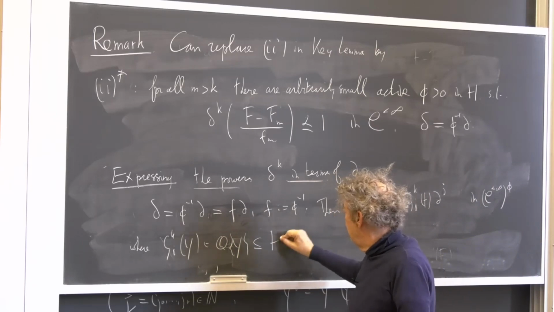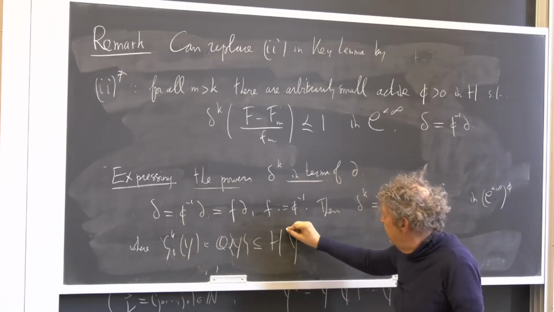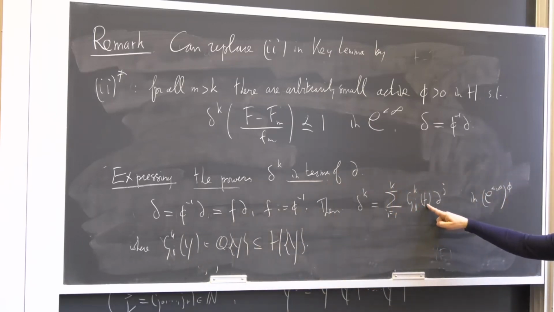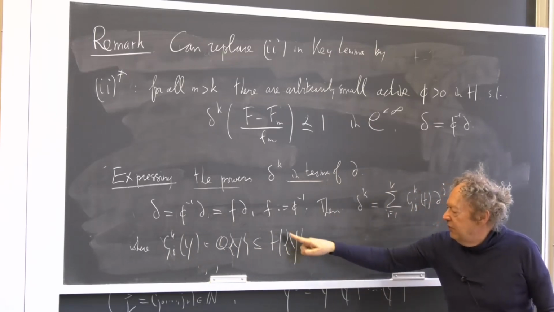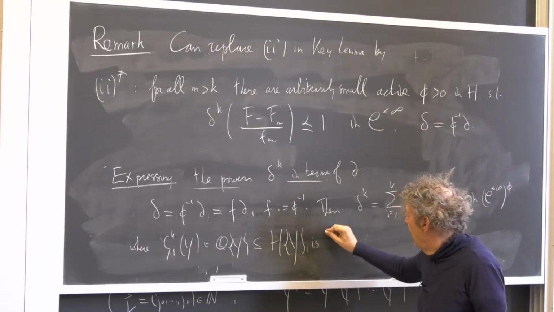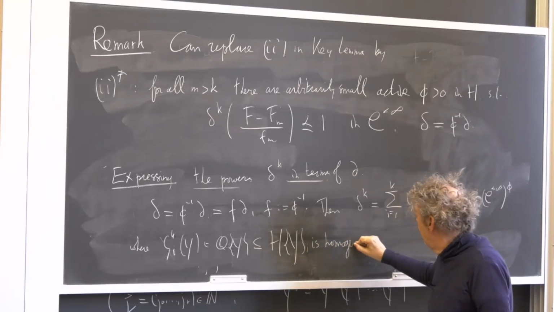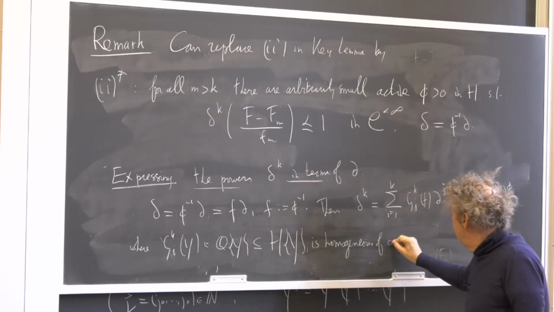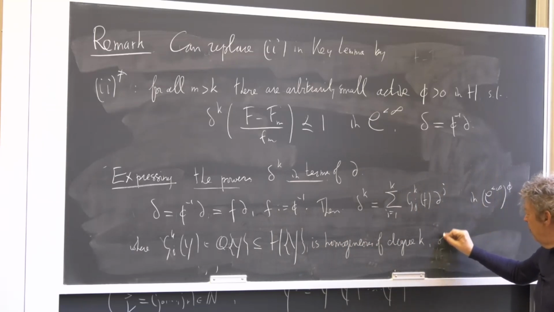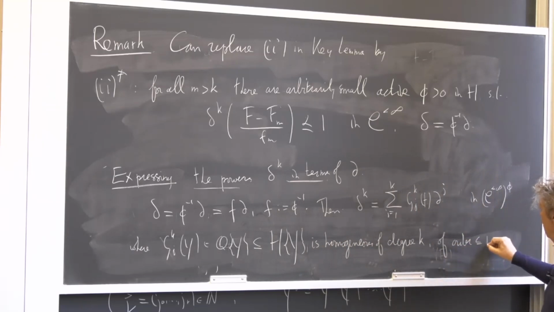We view this as a subring, so we evaluate this according to the usual derivation. G_kj is homogeneous of degree k, that is important actually, and of order less than or equal to k.